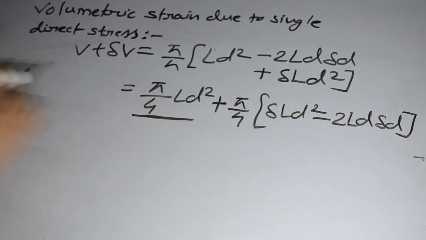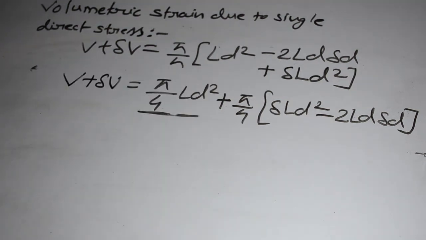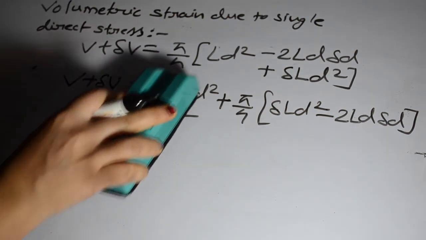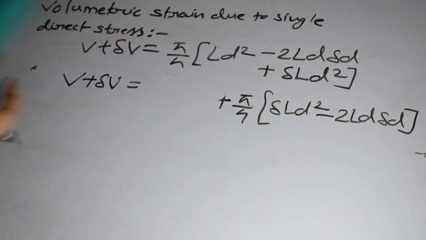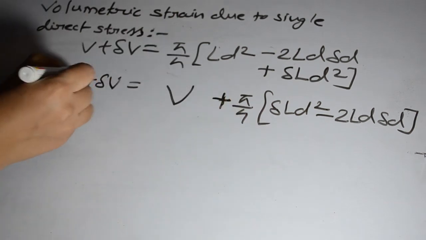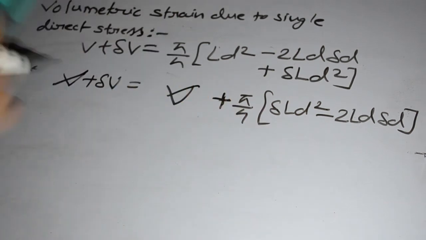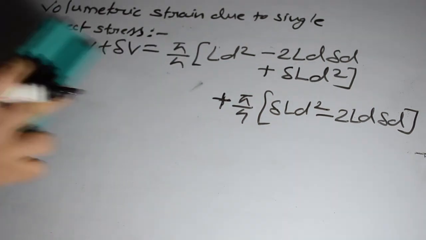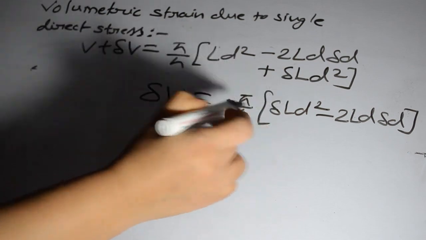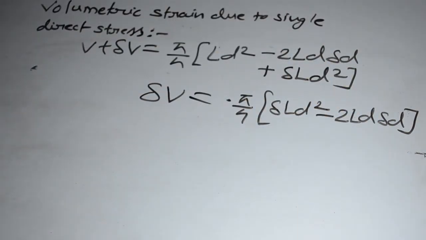This pi by 4 L d square is equivalent to the volume of this circular bar, so in place of this we can put V. So this will cancel out. So here delta V is equivalent to pi by 4 into this.